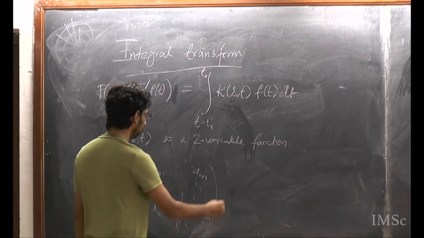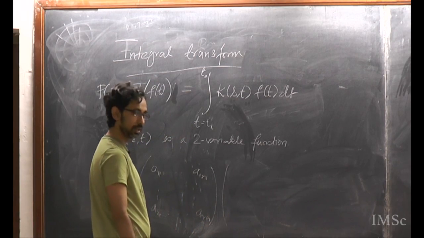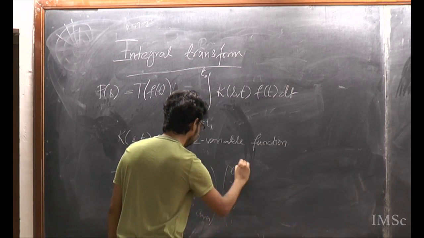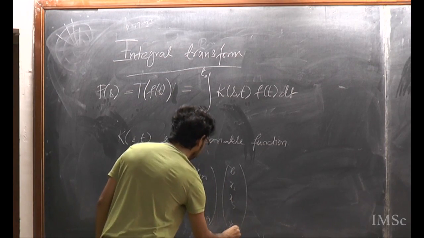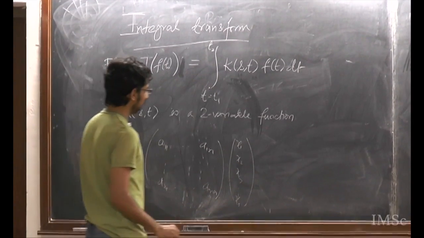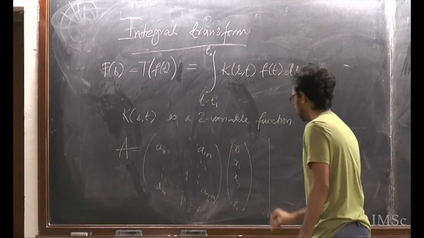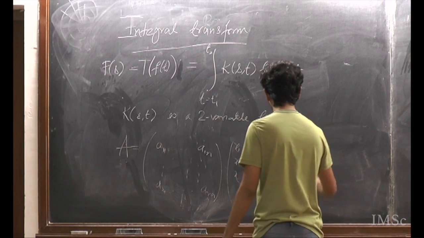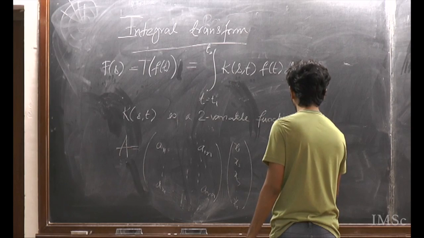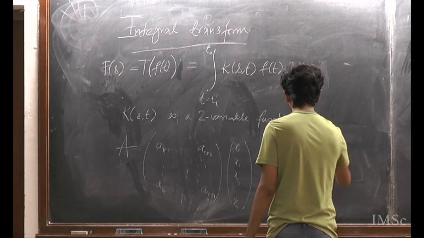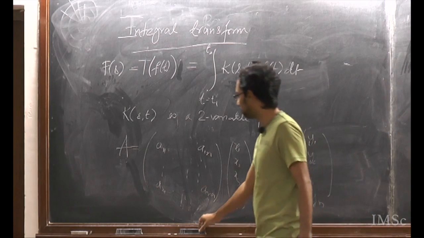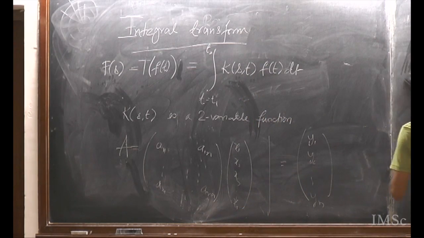You can apply it to a column vector, x1, x2, x3, and so on, xn, and the result will be another column vector, y1, y2, up to yn. And what is the formula for yk? Using this.